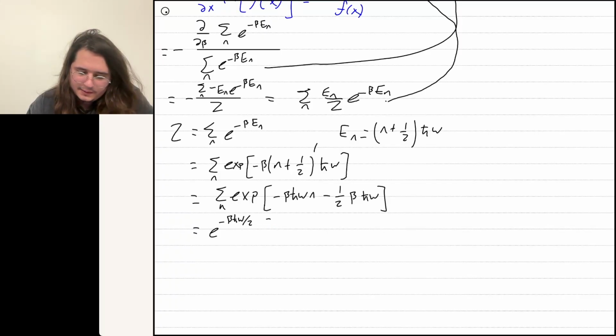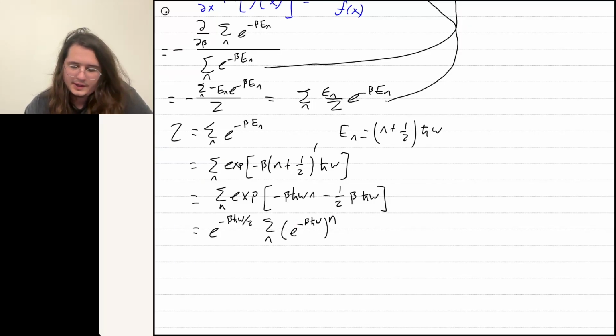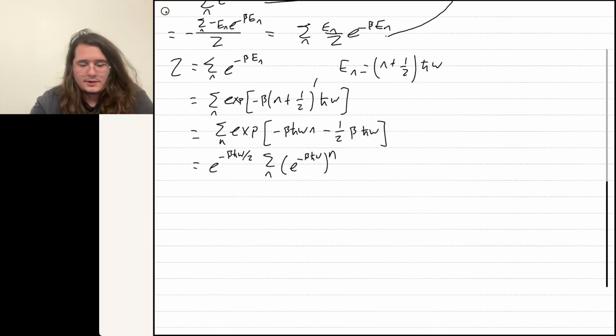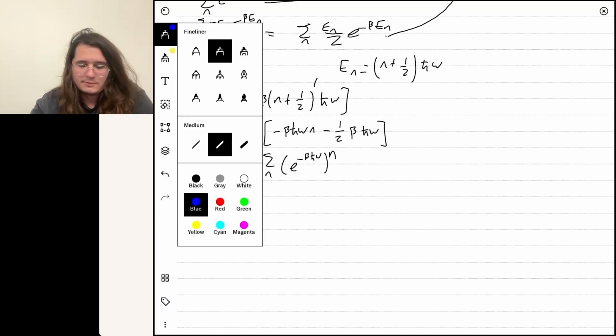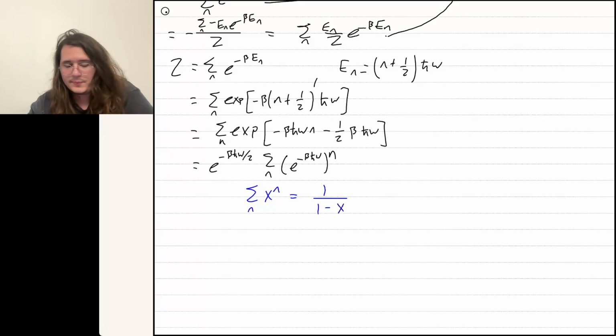But inside here we have the sum on n, and I'm going to write it in a funny way, of e to the minus beta h bar omega, to the n. Now, I'm going to say that there is a geometric sum where the sum on n of x to the n is always just given by 1 over 1 minus x, right?